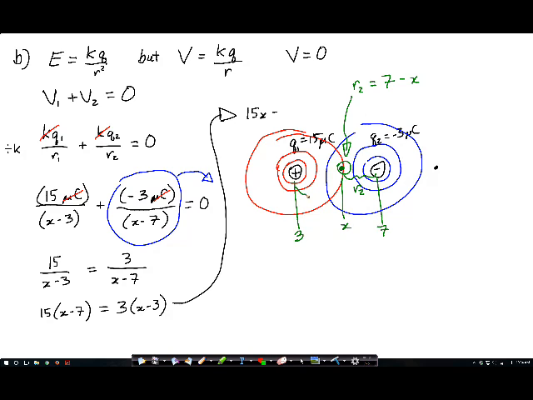So R1 would be the same thing. It would be X minus 3. And if I substitute 7 minus X, I'm going to get a different result here. And I can propagate that through.